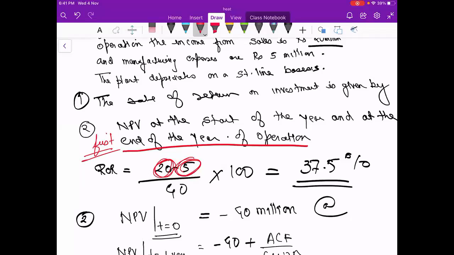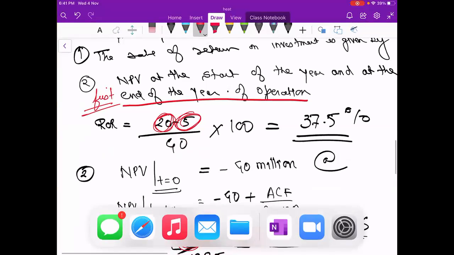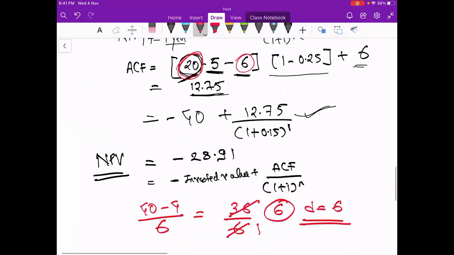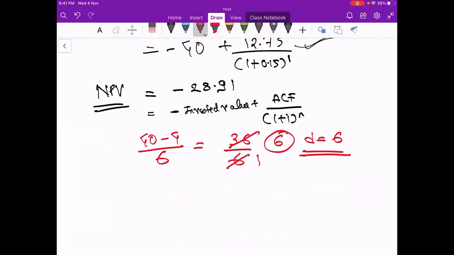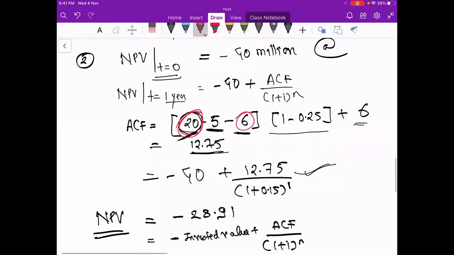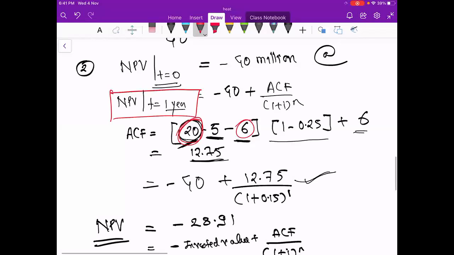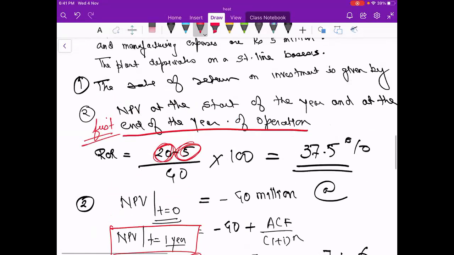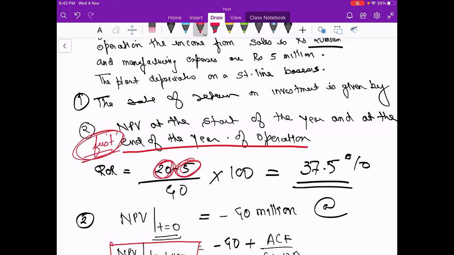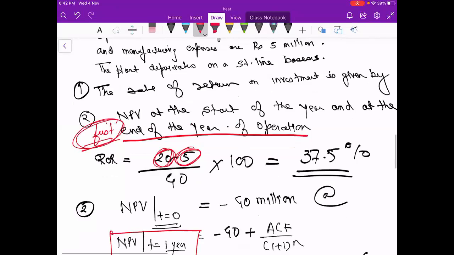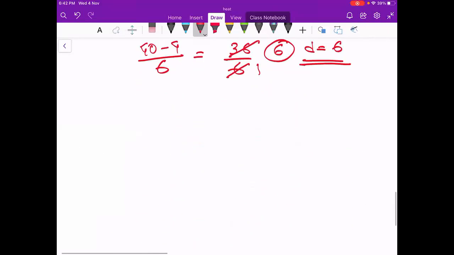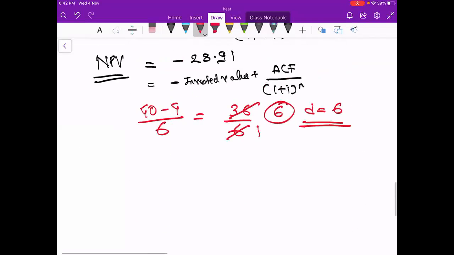So if you calculate for the 6 years, we can calculate. This NPV I told here is T equals to 1 year. I have forgot to mention this is the first year. Actually it is the end of the first year of operation. Yes, the question's actual meaning is you have to calculate at the end of the sixth year.